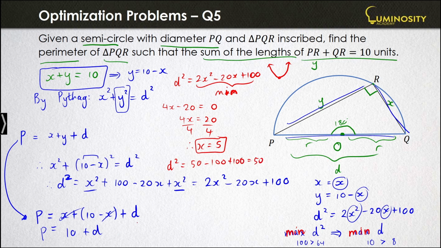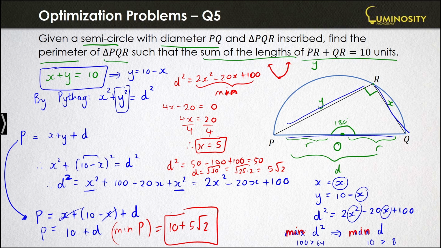So therefore, d is going to be the square root of 50, which is the square root of 25 times 2, so that's 5 root 2. So the minimum perimeter, when you minimize this, is going to be 10 plus 5 root 2. And that is the perimeter value for this triangle.